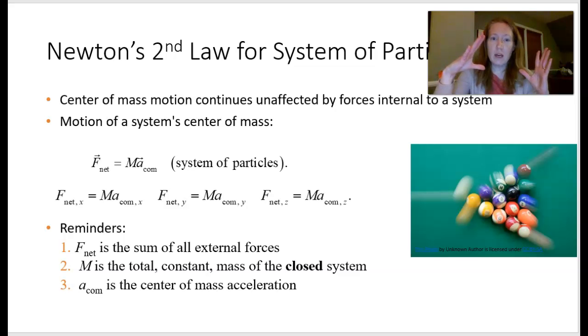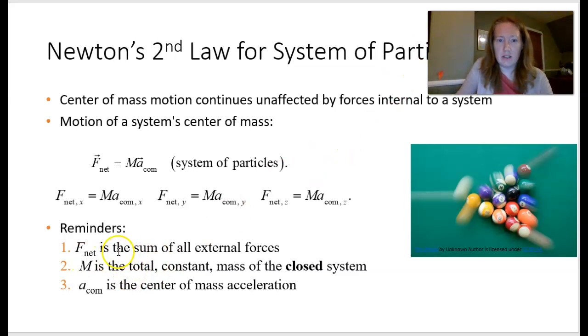You can take that set of things and look at its center of mass, and as long as that group of objects is not affected by a force outside, and it's not gaining or losing mass in any way, it's still going to obey Newton's second law.